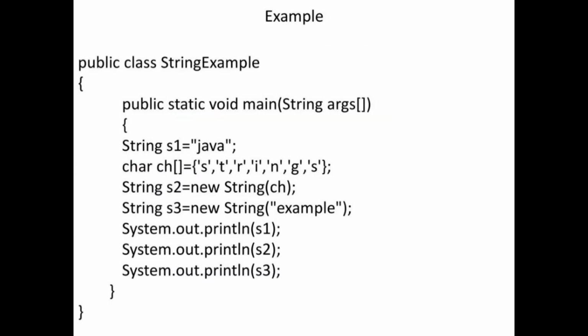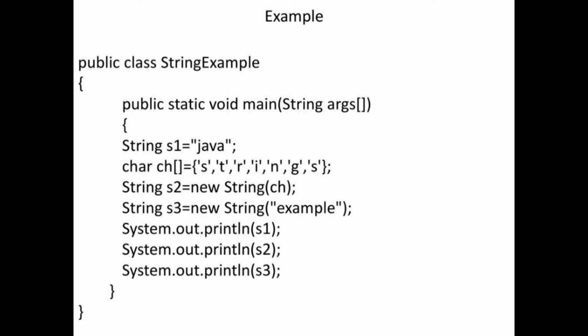For example, here I am discussing an example program of string creation. All the methods I have created here: a public class named StringExample, and inside the class write the main method, that is public static void main String args. In the main method, first I am creating a string without using the new operator, that is String s1 is equal to, inside double quotes I am writing Java.